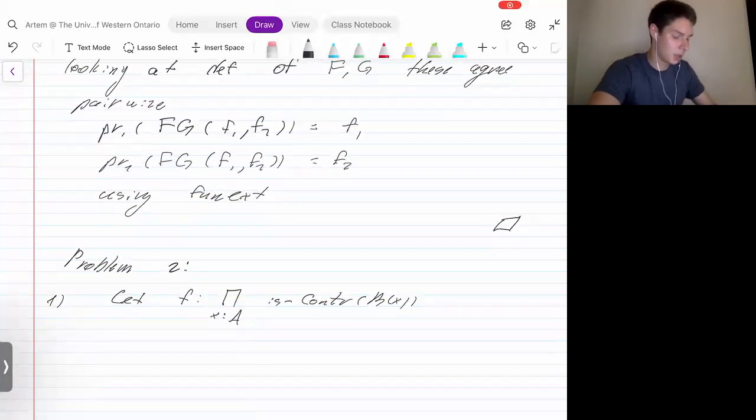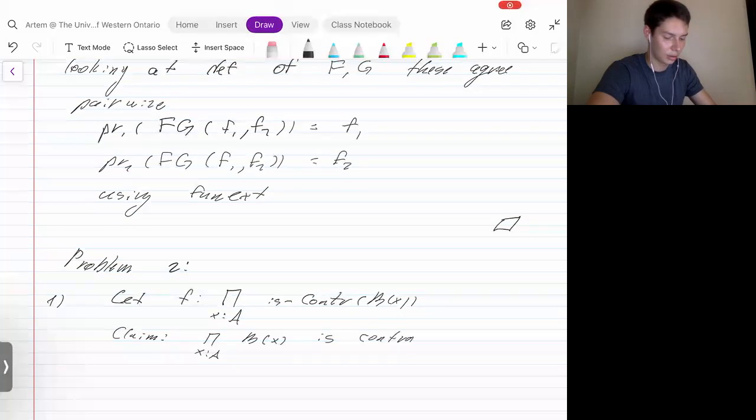So claim: we have that this general type is contractible if each Bx is contractible. So pointwise contractibility implies that the entire dependent function space is going to be contractible. So what's the proof?